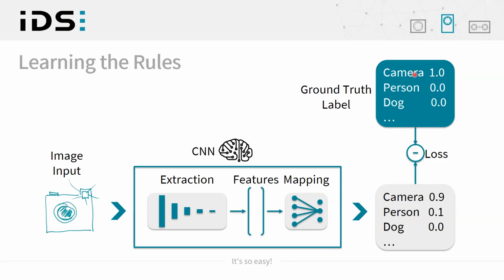The difference between the two is calculated, and this is called the loss function. And this error can be back-propagated into the algorithm, and all the parameters in the feature extraction and the feature mapping are adapted automatically to reduce this error. Of course, this doesn't work in just one iteration, but probably takes a few tens of thousands of iterations like this.